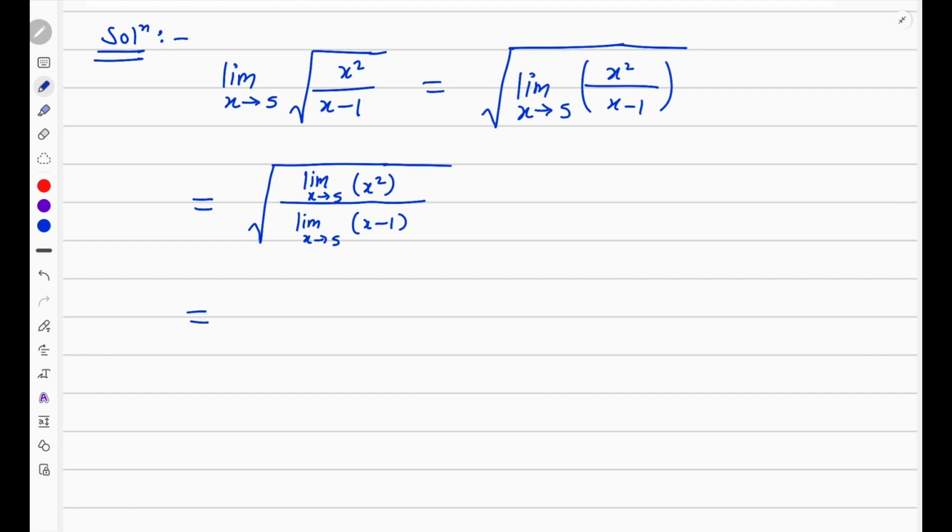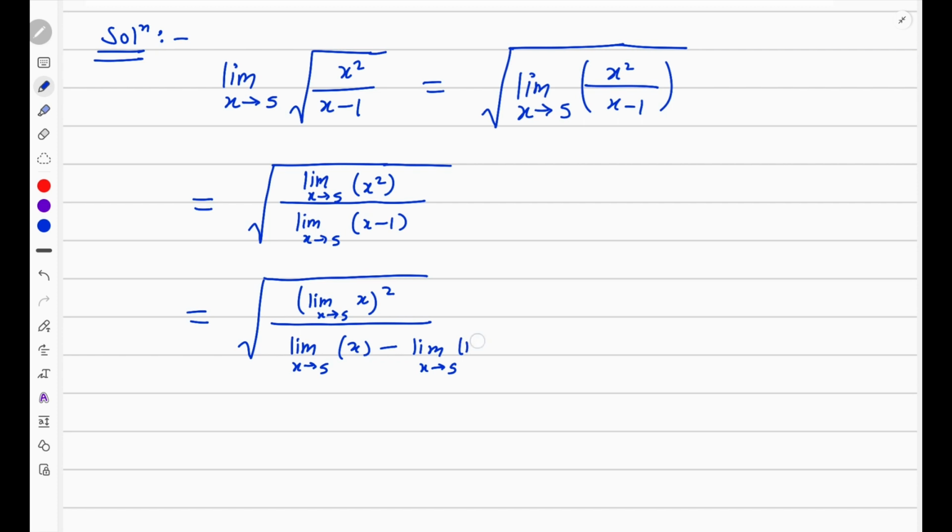For the power, we can take the limit inside. For the numerator, we can do the same. Limit x tends to 5 x square over. In denominator, we have x value and 1 constant value. The constant value is 1.